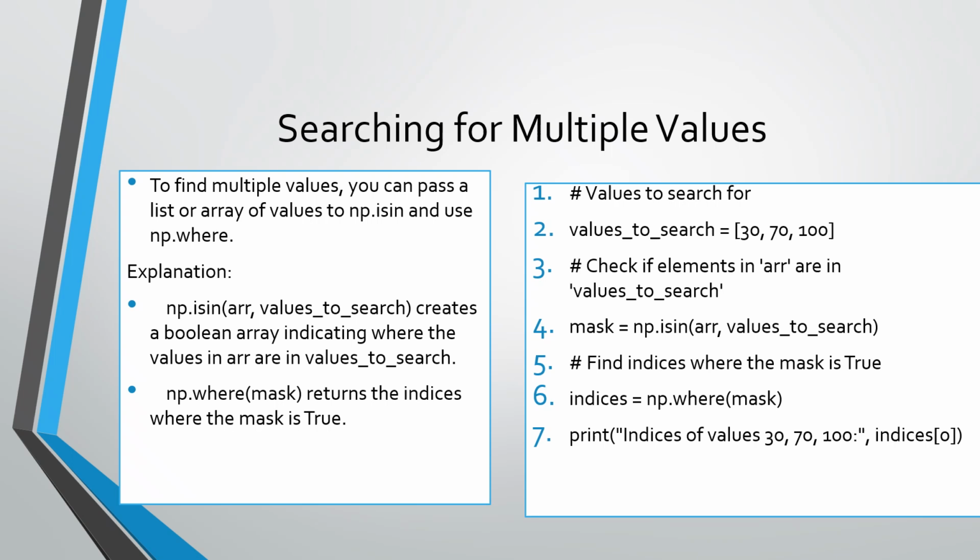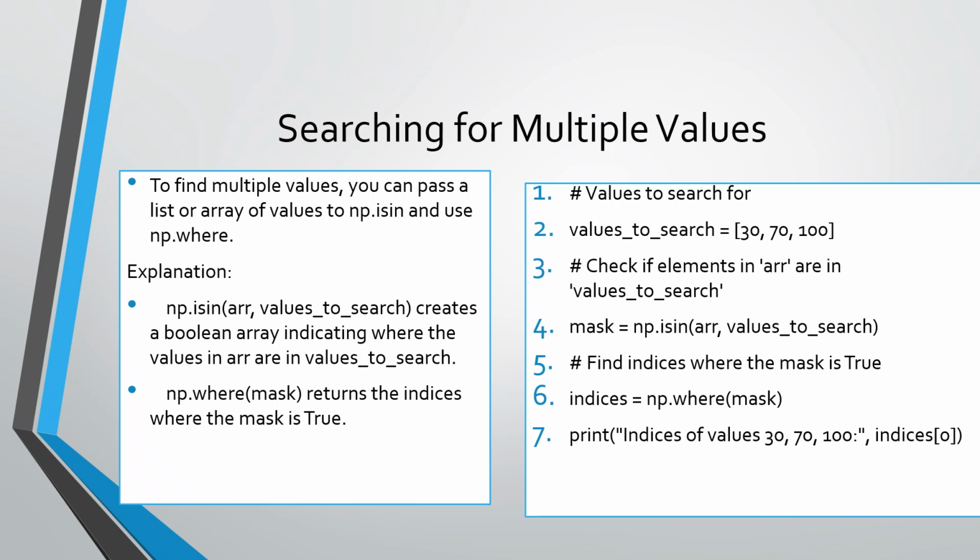So this isin function will create a boolean array. It indicates that the values in the array are in values to search. So the np.where function need to be used to return the indices where the mask is true.